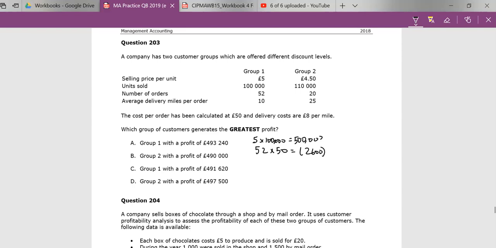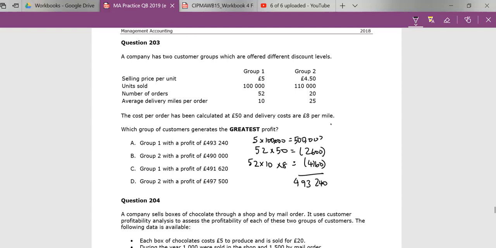But I also have delivery costs. I'm doing 52 orders, 10 miles per order, at £8 per mile. Do that all together and you get 4,160. Knock all this out and you have 493,240.